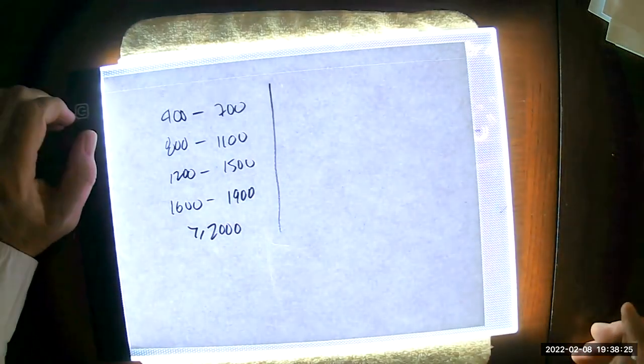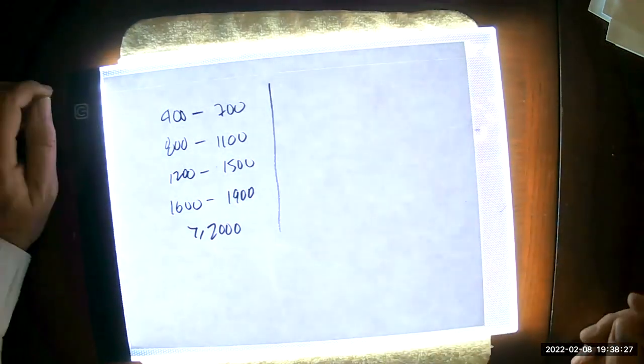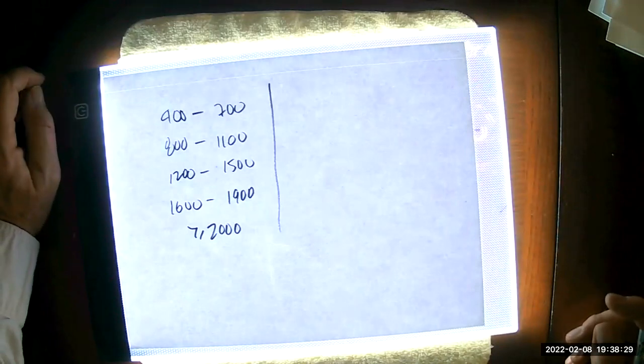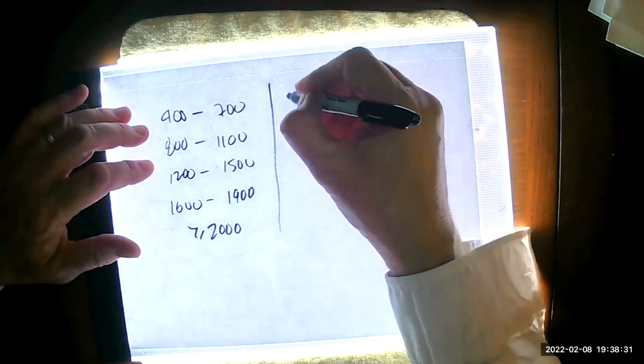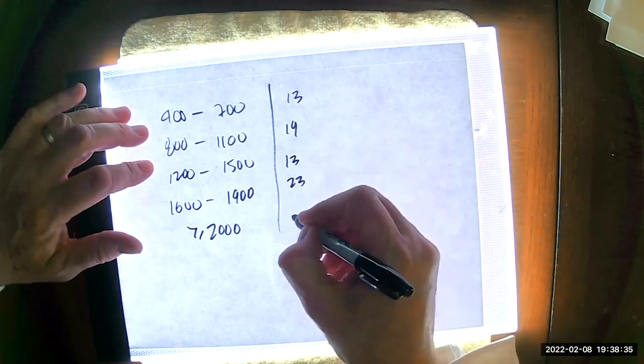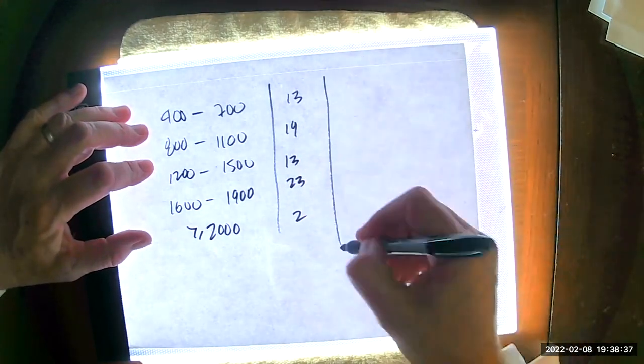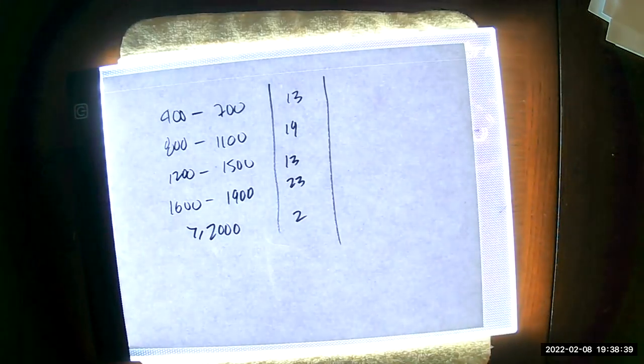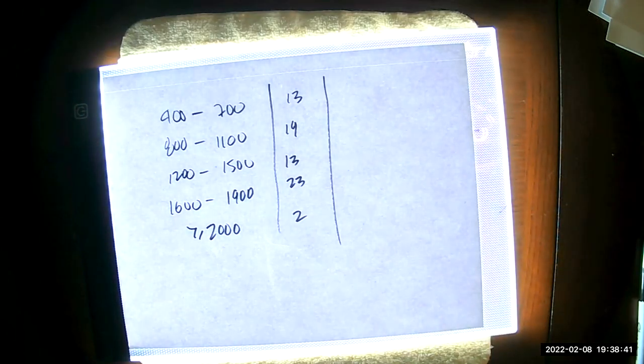And we've got income and we've got frequency. We've got 13, 19, 13, 23, and 2. All right, so let me go ahead and share my screen. Where are you guys? There you are. All right, so that's what I've got there. So you guys can see that.